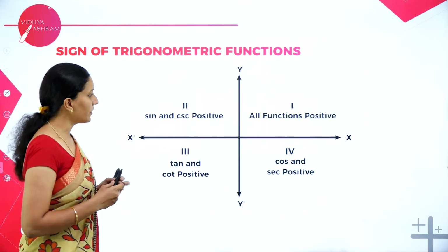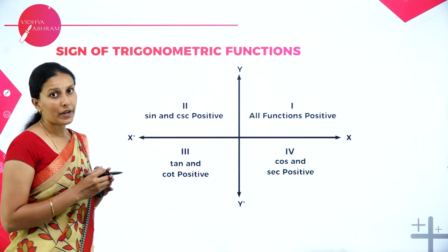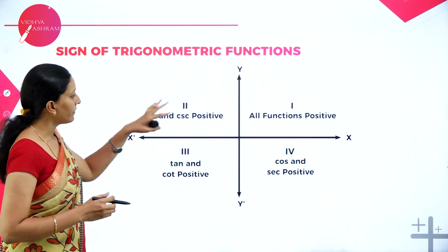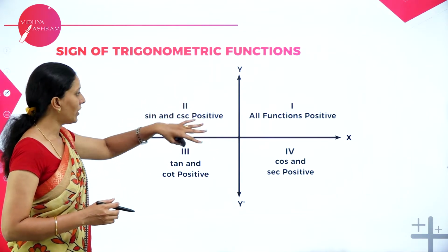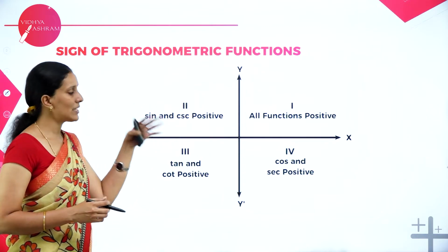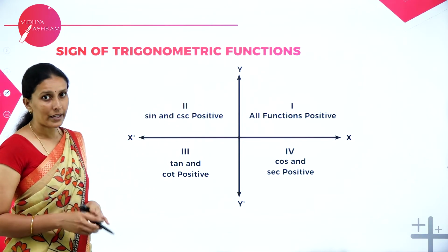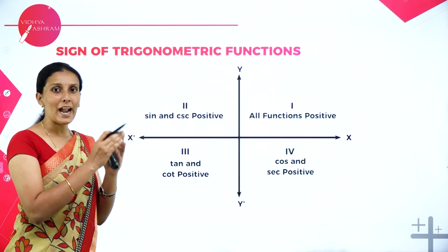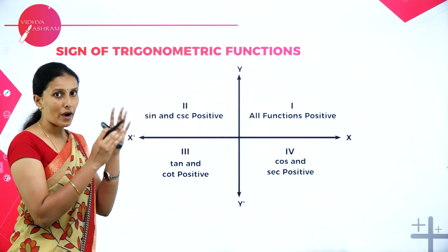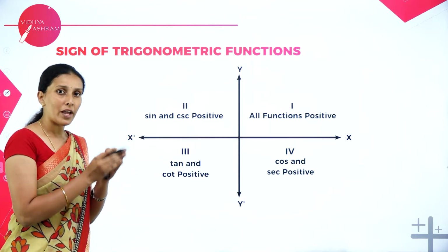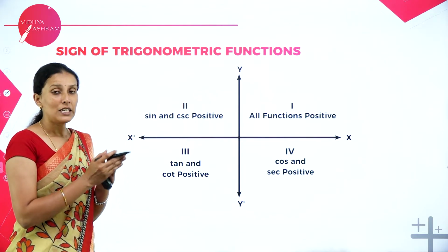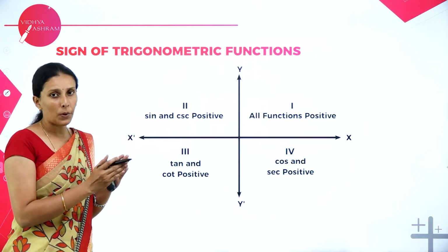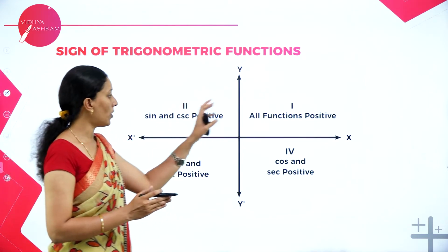So thus we have here 4 different quadrants. You can clearly see here I have divided the quadrants into first, second, third and fourth. In the first, all are positive because both A and B, for any point on the first quadrant, are positive. That's why cos and sine are positive. Since cos and sine both are positive, all functions are positive.